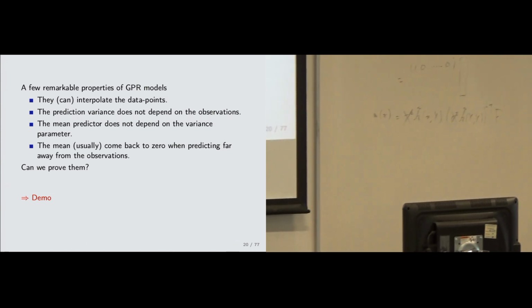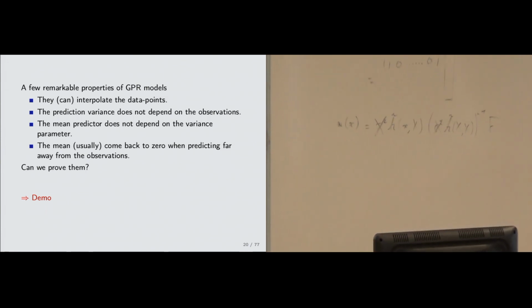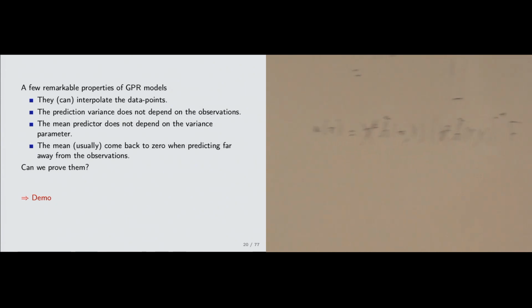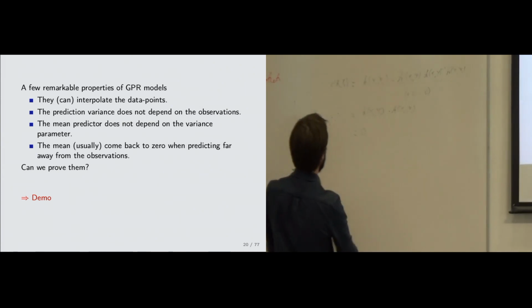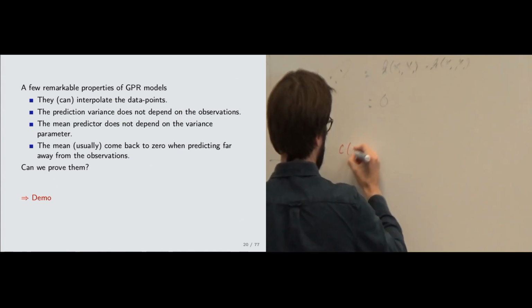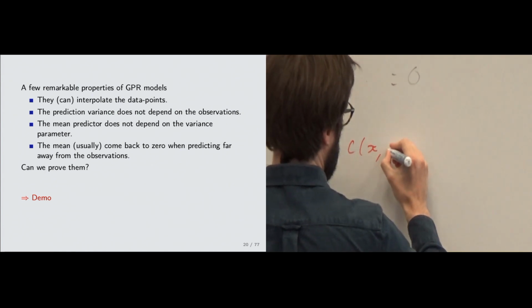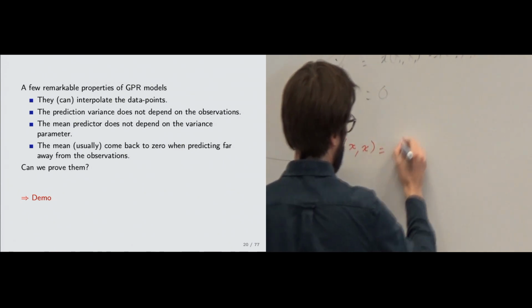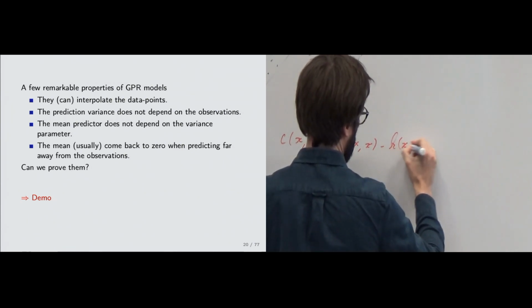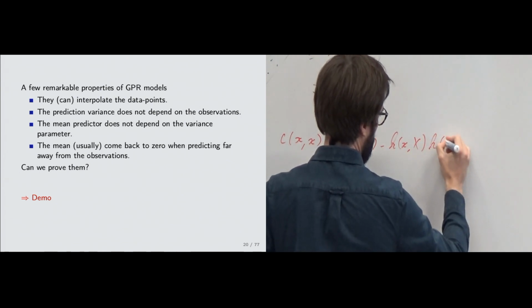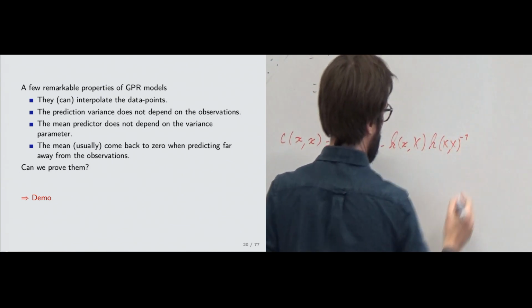And for the covariance, again, this guy and this guy, maybe I should write it again. C of minus 1.